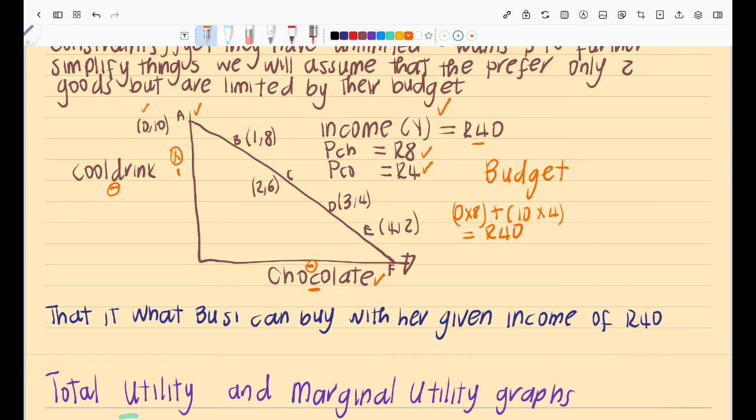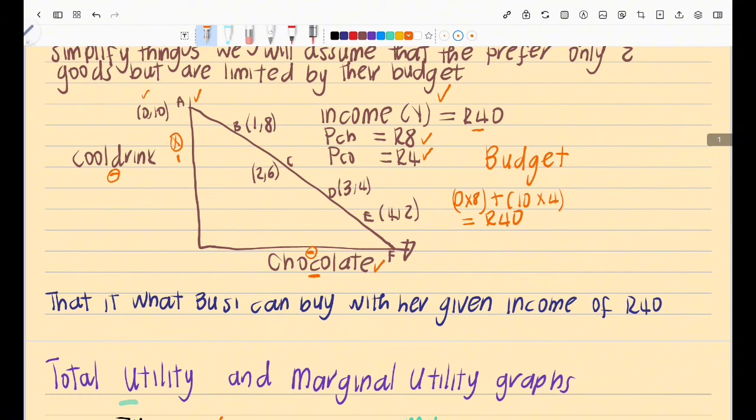So a budget constraint is a linear line that shows you the combination of quantities of both the goods you prefer that you will be able to buy given your income. So it's a budget constraint function, right? It tells you what your consumption is constrained to given your preferences, given the prices, right?